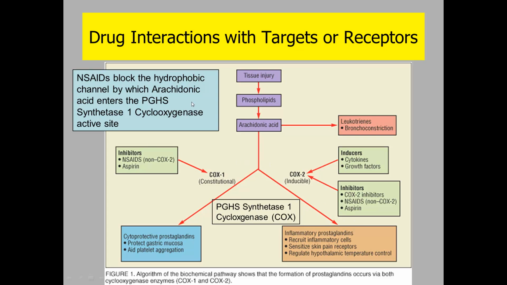The NSAIDs block the hydrophobic channel by which these arachidonic acids enter the PGHS synthase 1 cyclooxygenase active site. The cyclooxygenases are these COX enzymes. So this PGHS synthase 1 affects COX.